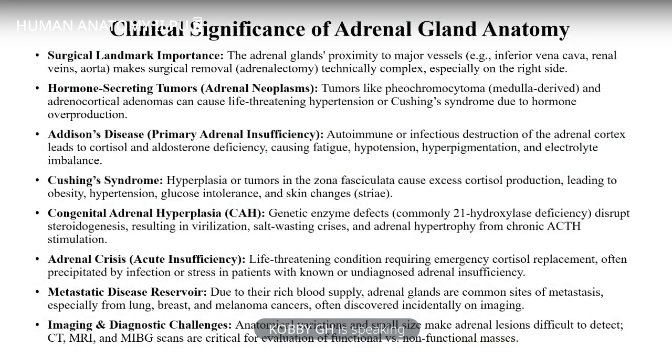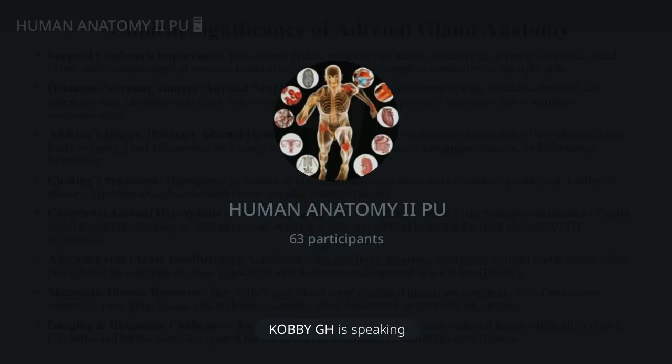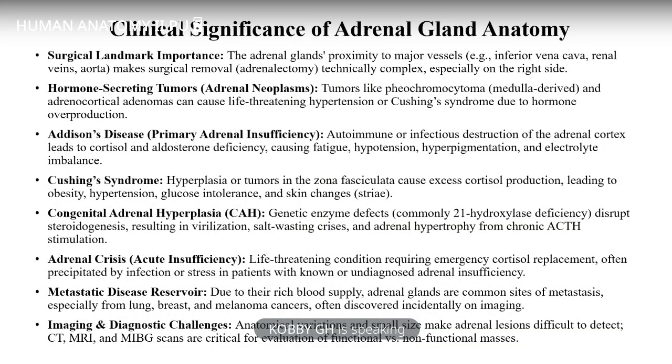Okay. And again, we have a condition we call pheochromocytoma. When we say pheochromocytoma, this is a condition where the adrenal medulla is overworking. Specifically, it is the adrenal medulla where we have the problem, not the entire adrenal gland.